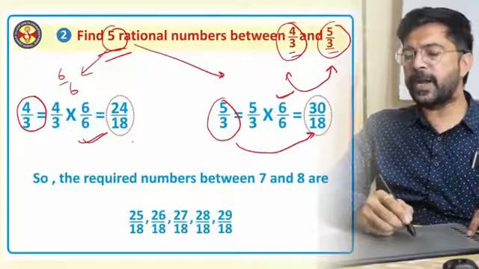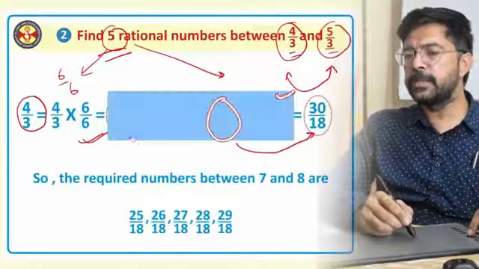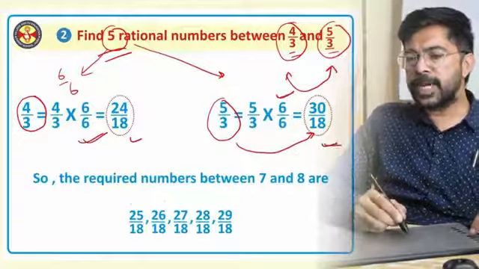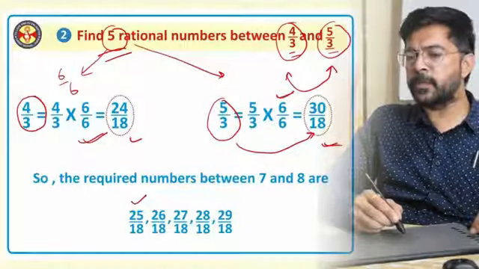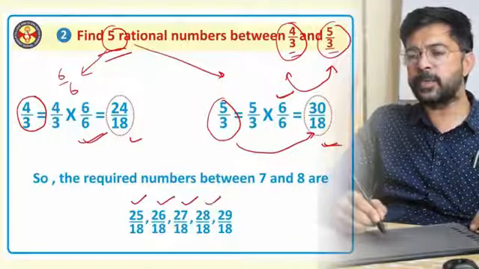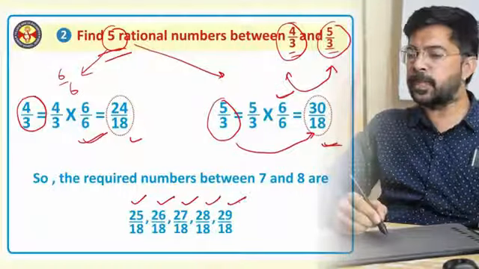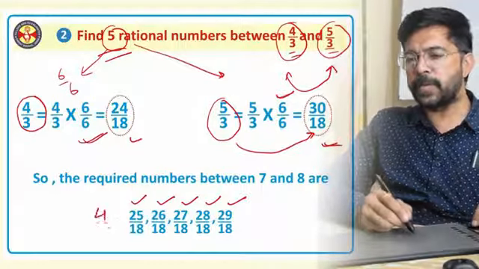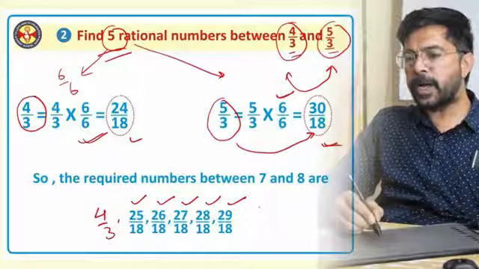Now easily we can find 5 rational numbers between 24 upon 18 and 30 upon 18. So these are the 5 rational numbers: 25 upon 18, 26 upon 18, 27 upon 18, 28 upon 18, and 29 upon 18. So these are 5 rational numbers between 4 upon 3 and 5 upon 3.